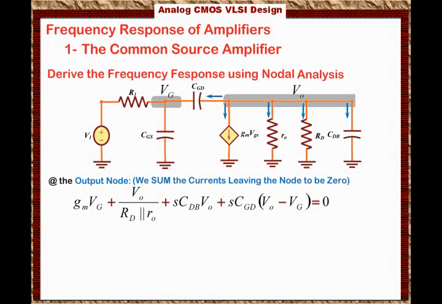This equation is very interesting. What you have here is two unknowns: VG is not known and Vout is not known. So I will express VG in terms of Vout.